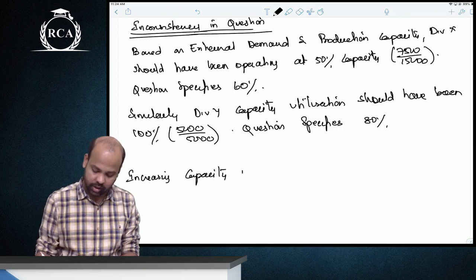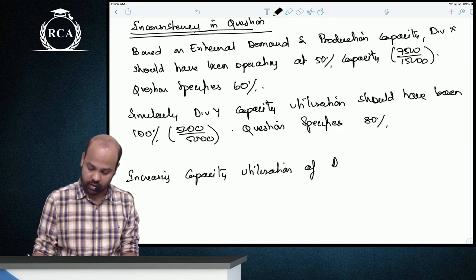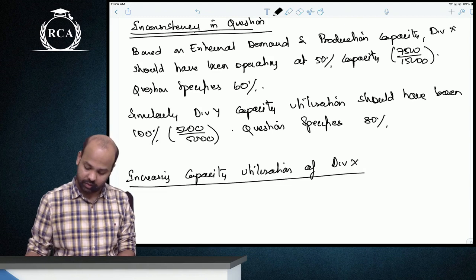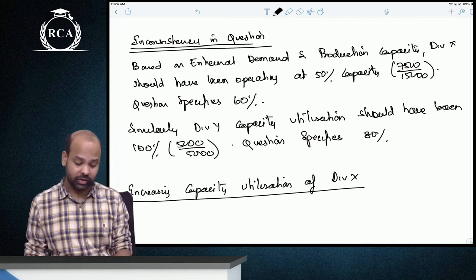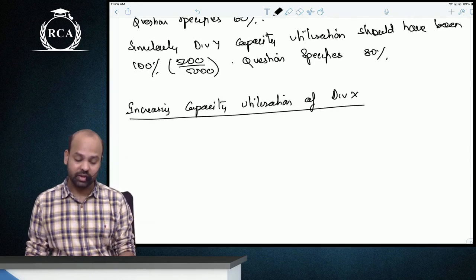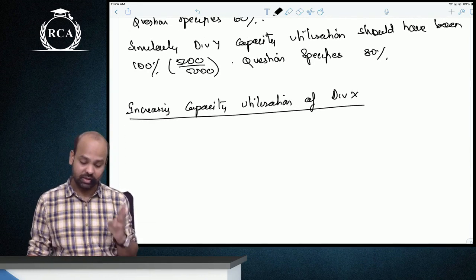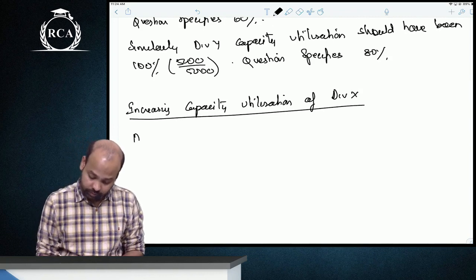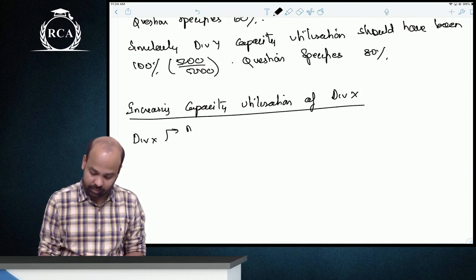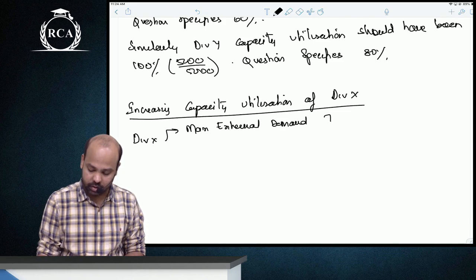If I talk about increasing capacity utilization of division X, remember division X has three options now: external sales, transfers to division Y, and transfers to division Z. Maximum external demand is 7,500 units.